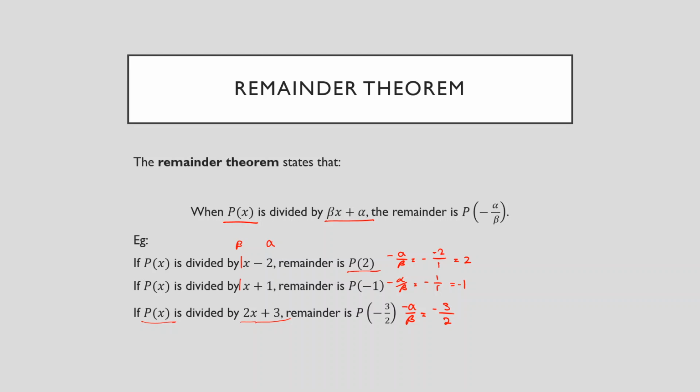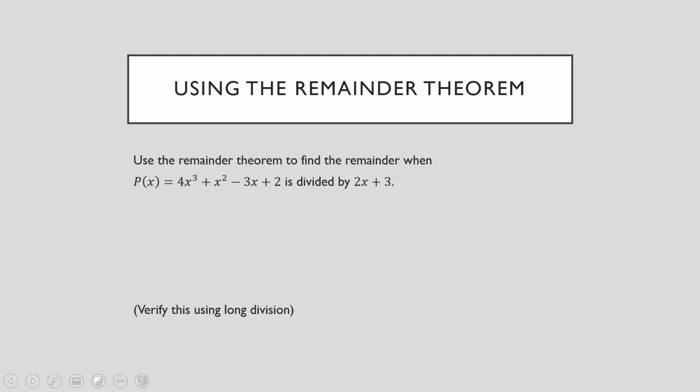Cool. Right, let's see this example one more time. So we're going to use the remainder theorem to find the remainder when we divide this polynomial p of x by 2x plus 3. Okay, so first of all, let's figure out what value we are substituting into our polynomial. Okay, so we're substituting this negative alpha over beta business.